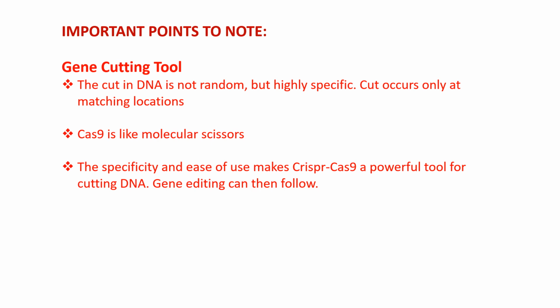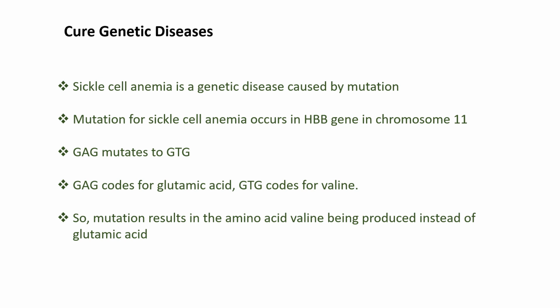The first patient to be cured of sickle cell anemia using CRISPR-Cas9 is Victoria Gray in the USA. The mutation for sickle cell occurs in the HBB gene in chromosome 11. GAG mutates to GTG. GAG codes for glutamic acid. GTG codes for valine.